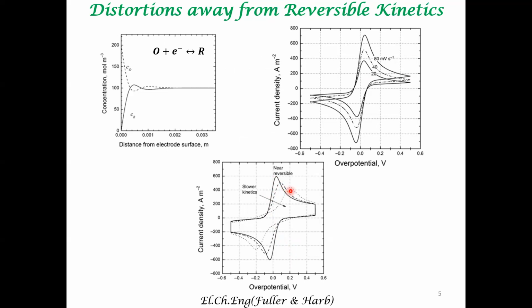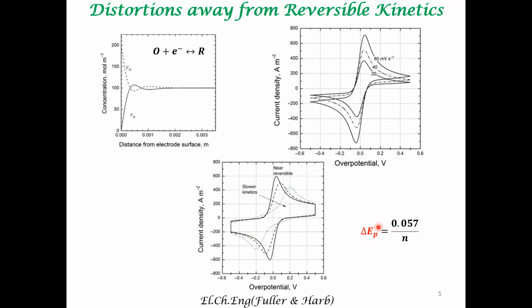The activation energy for electron transfer keeps increasing, making the system more and more irreversible. So the difference between peak potential, delta E subscript P, becomes further and further away from what you have derived for a near reversible system. So this thing is valid only for a near reversible system, so not for an irreversible system.